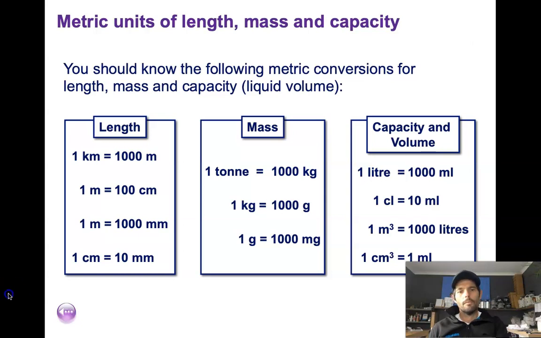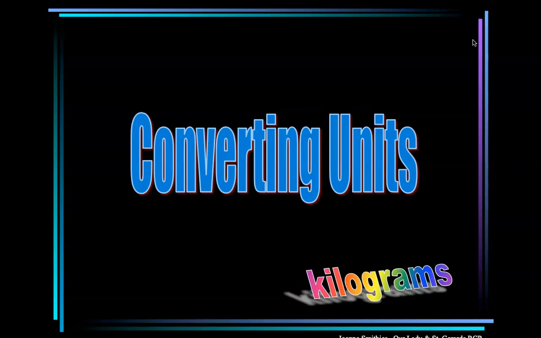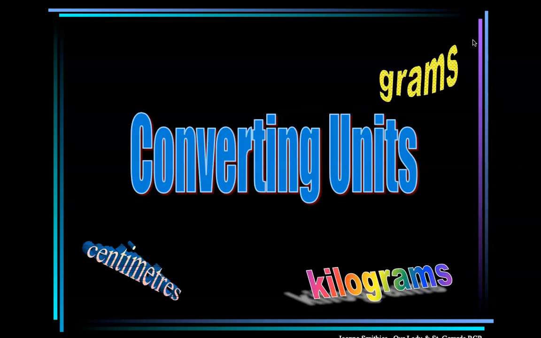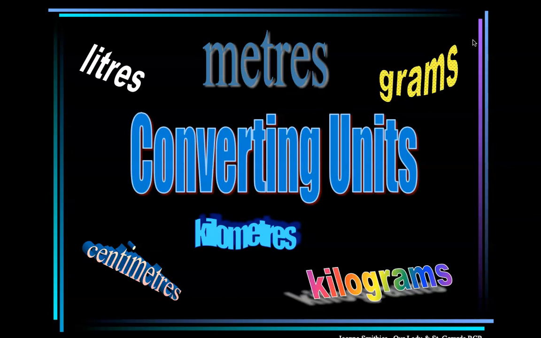So guys, I thought it would be a good idea just to go through multiplying and dividing by 10, 100, and 1,000 again, as this is really the backbone of how we convert between units of measurement. On the screen, you've got different units of measurement that I'm sure you're all aware of, and each unit works a little bit differently.